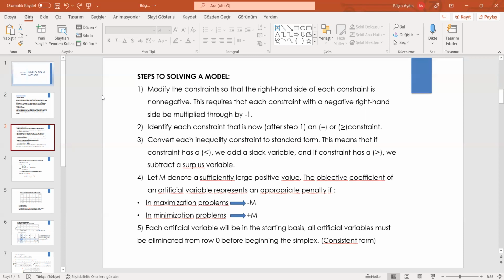In the last step, each artificial variable will be in the starting basis. All artificial variables must be eliminated from row 0 before beginning the simplex. This means consistent form. And we will solve a question about this method after this video.